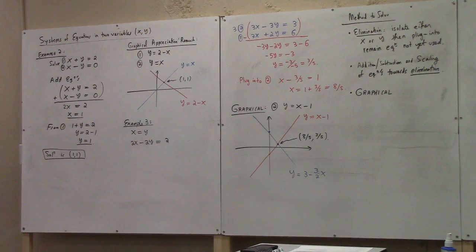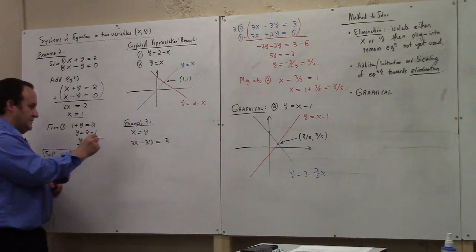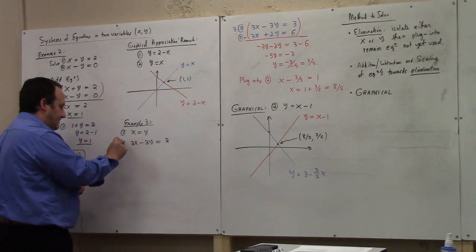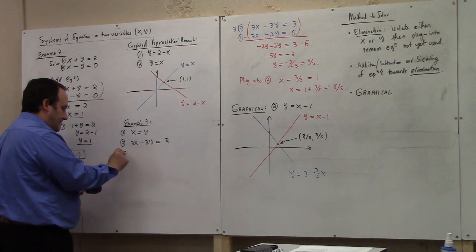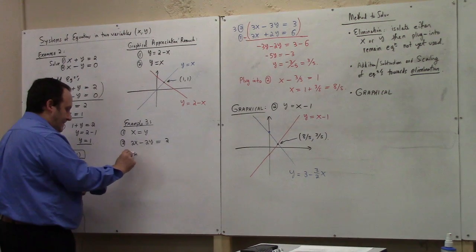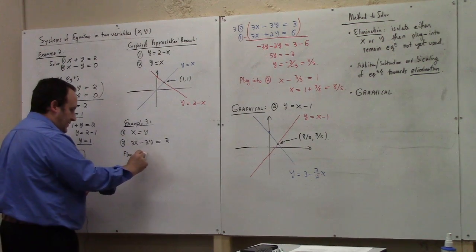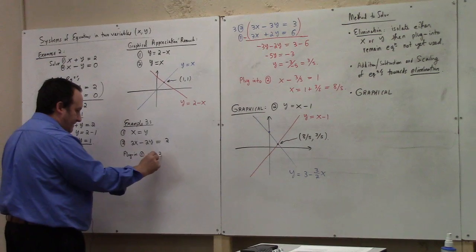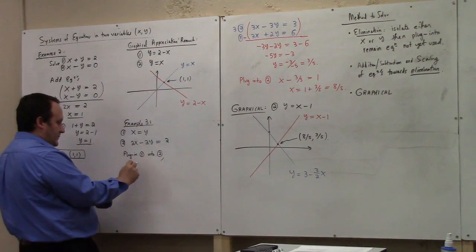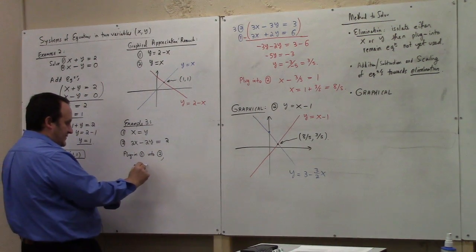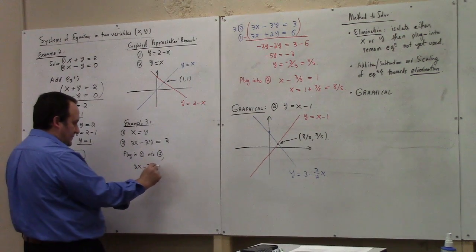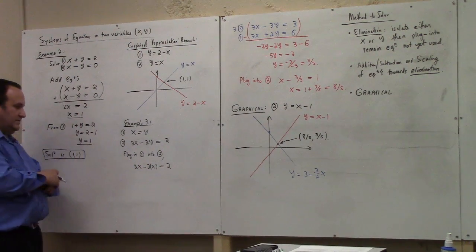I think this one kind of says try elimination, right? So if we take equation 1 and plug it into 2, what does that give us? 2x minus 2 times what? 2 times x, right? Equals 2.